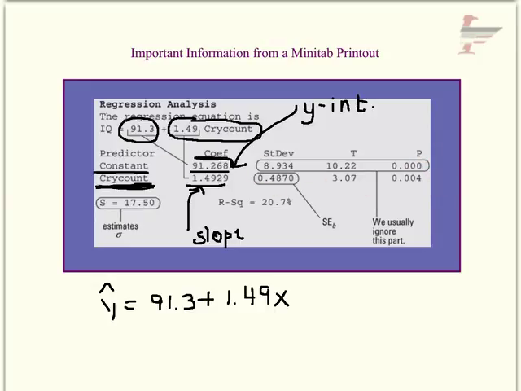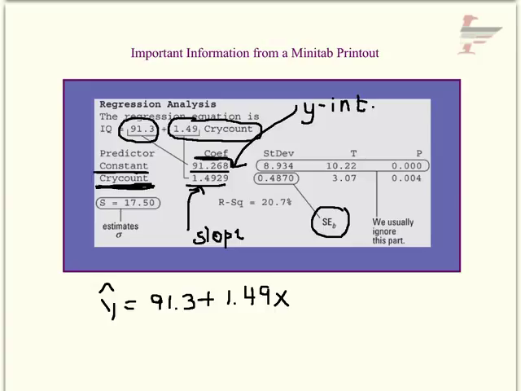Notice the standard deviation for my slope, that's what you need for your confidence interval. That's the standard deviation sub b. We usually don't run inference on your y-intercept because it's just not useful, since your y-intercept is so often unpredictable. However, we might take a look at that in a little bit.